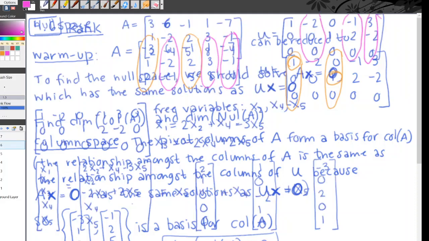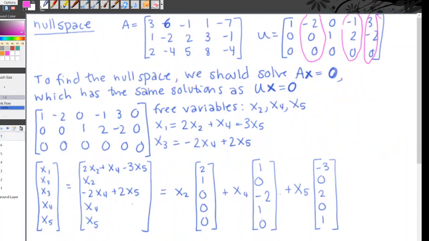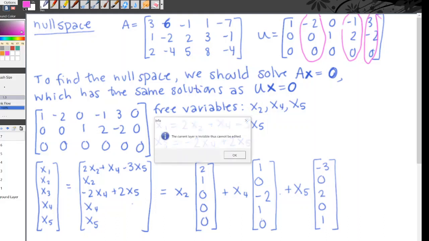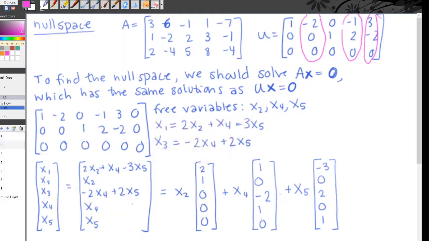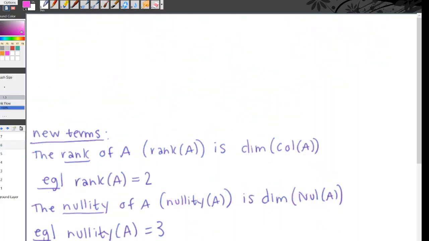So if we look back at this example, we have 3 free variables, x2, x4, and x5, and that's why we ended up with dimension 3, because there were 3 free variables that gave us 3 vectors. And it turns out that that is always going to be the case.